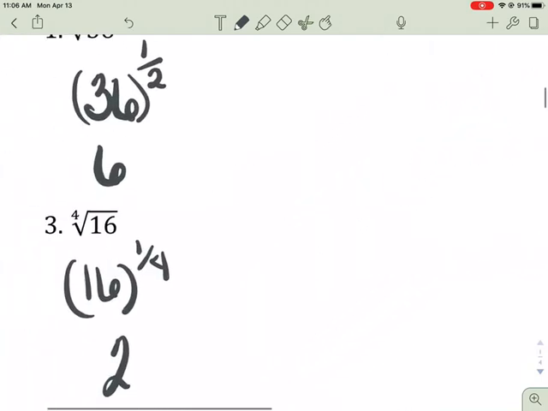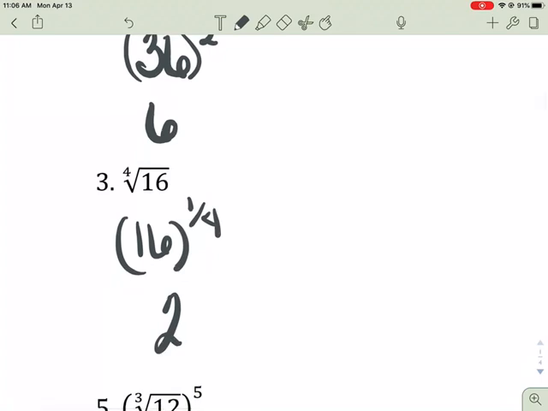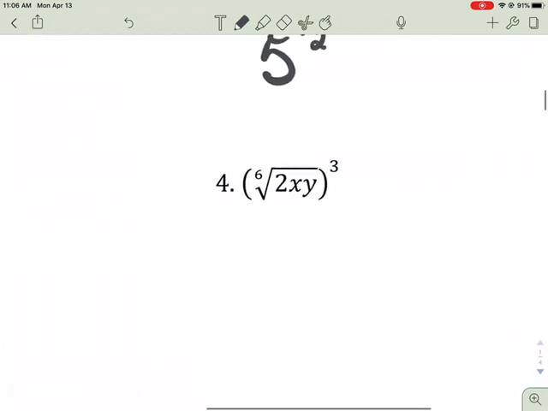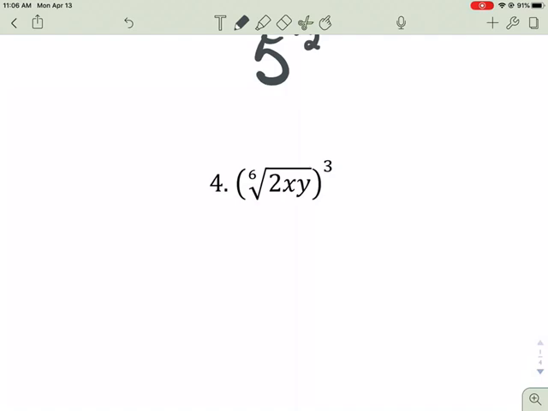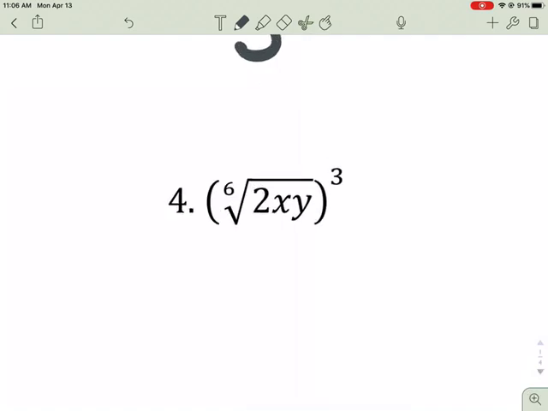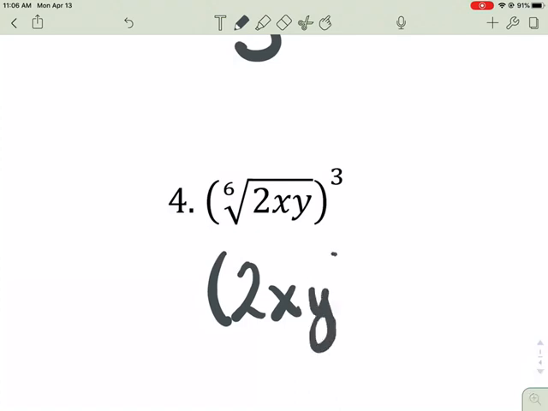Let's try number 3. I wrote that as 16 to the 1/4 power, and the 4th root of 16 is 2. Let's try 4 together. This is going to give us 2xy. Our index is 6, so that's our denominator, and 3 is our exponent.